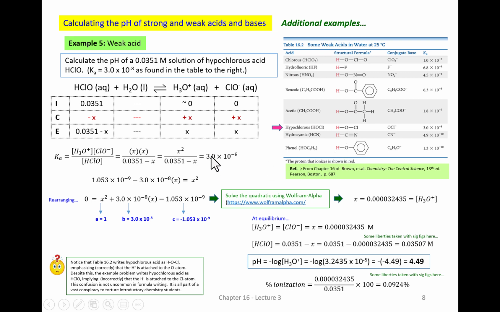Now, interestingly, when we write just the formula, not the structural formula, we write it as HClO, which implies that the hydrogen is attached to the chlorine. Well, the hydrogen is attached to the oxygen, so you might wonder why we write it as HClO. I make kind of a snide remark here that it's all part of a vast conspiracy to torture introductory chemistry students.